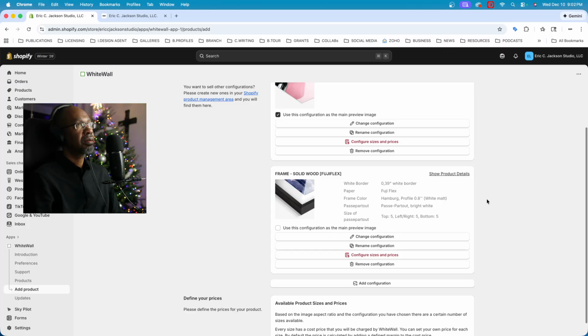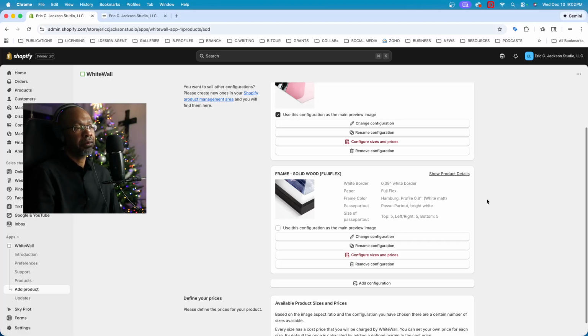And I didn't want to manage print papers that I felt like weren't as good as the Flex. And then when things like this happen where there's an error in pricing, I don't have a whole bunch of products to go through and adjust if something goes wrong. So basically, that ended up simplifying everything for me.